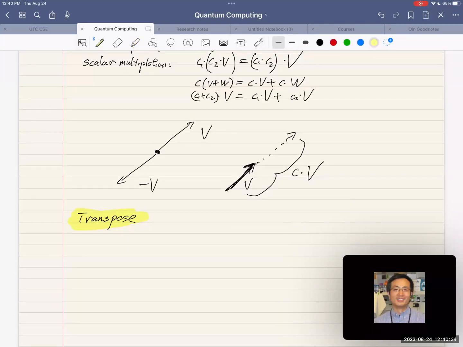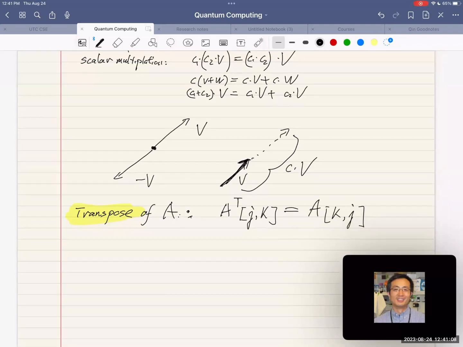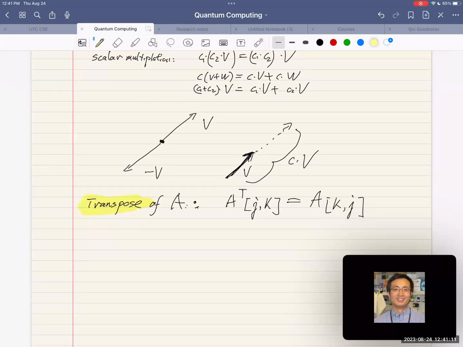What this means is, for the transpose of a matrix A, which is AT, the element J, K is the element of A's K, J. So it just flips row and column. That's the definition of transpose.